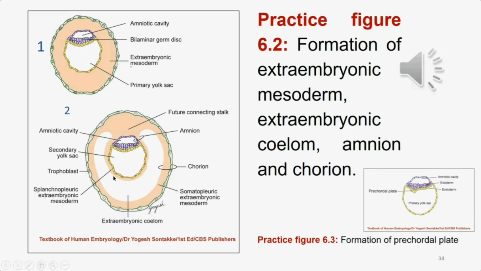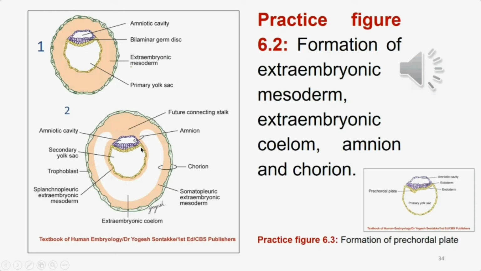The extra-embryonic coelom divides the extra-embryonic mesoderm into two parts: the part that lies nearer to the trophoblast, and the part that lies nearer to the yolk sac and the amniotic cavity.